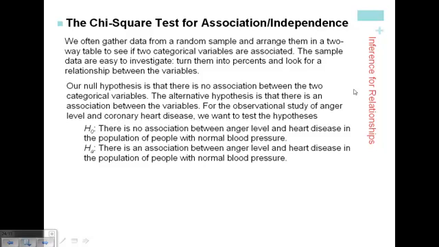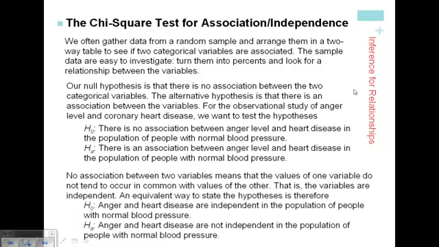All right. So just giving you all the different variations of the way that we could make our H0 claim and our HA claim. Difference of proportions. There is independence as an H0 claim. There's no independence as an HA claim. There's no association as an H0 claim. There is association as an HA claim. So all of those are different ways to look at those things in step one of our four-step process.